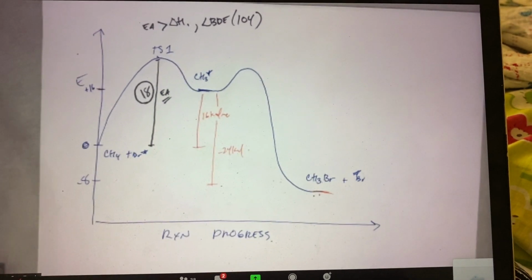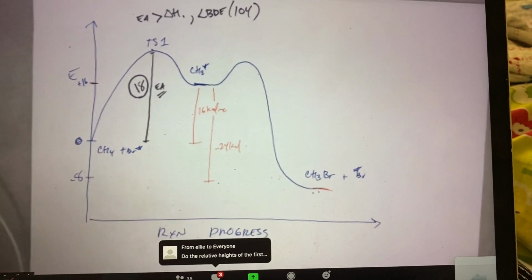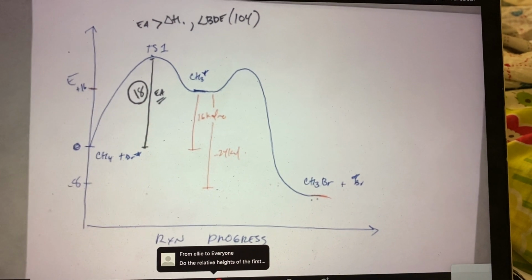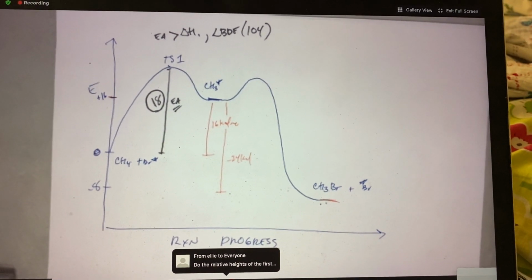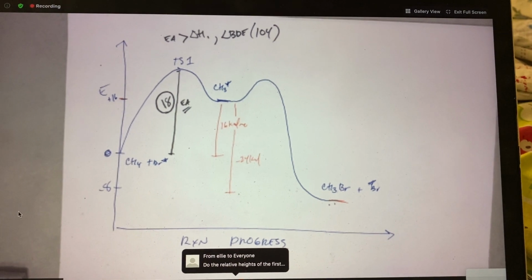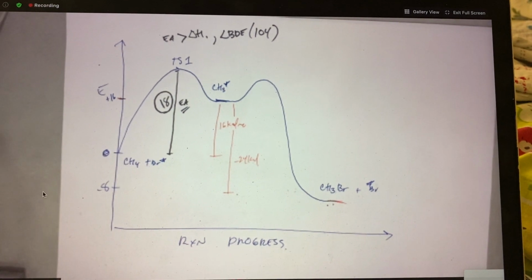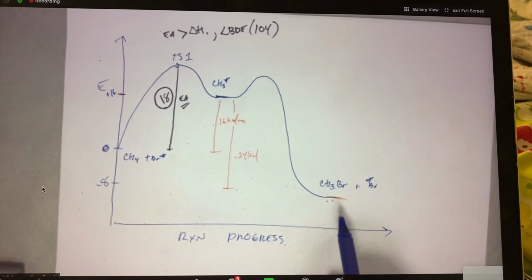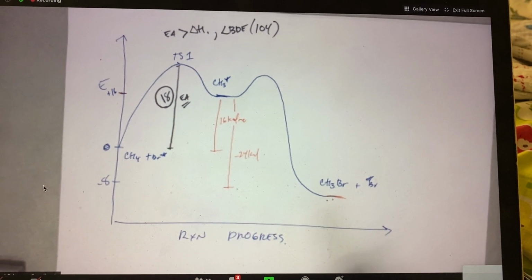We can see from these two different graphs, or from the two different energy calculations, there's some differences between chlorine and bromine. The bromination reaction is less exothermic, minus 8 kcals per mole. The chlorination reaction was minus 25 kcals per mole.